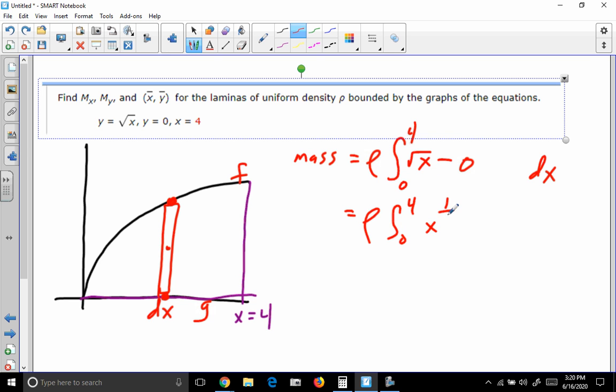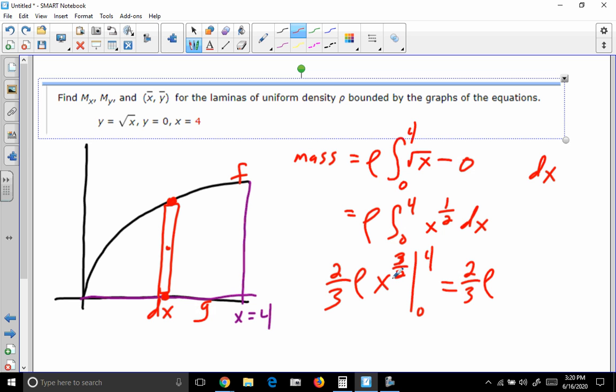Square root of x, we could call that x to the 1/2. So when we integrate that, that's x to the 1 bigger power over that power, or we could say times the reciprocal, evaluated from 0 to 4. So the 3/2 over is times 2/3. If we put in 4, we have 2/3 times rho.